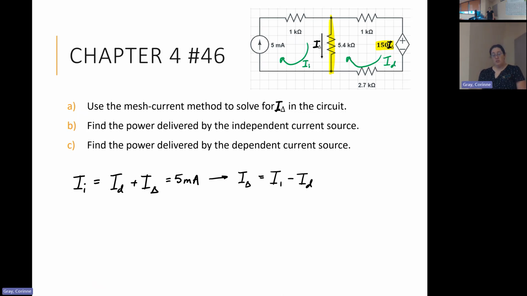So let us look at the right mesh and figure out how we do that. Before we do, are there any questions so far? When we're looking at a mesh, which of Kirchhoff's laws do we use when going around the mesh?